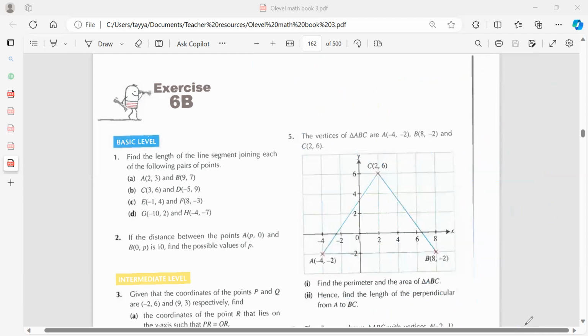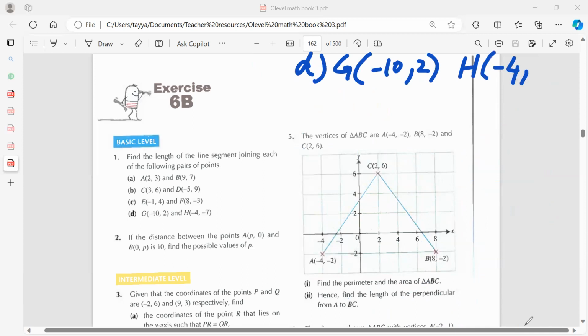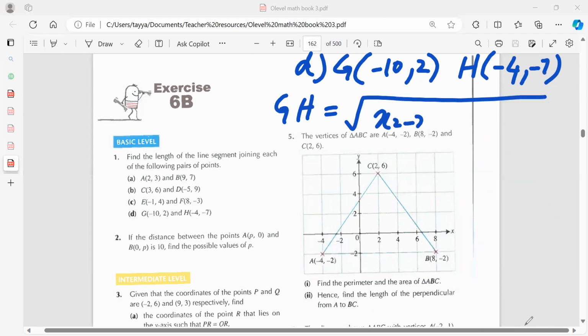Okay, the next part: G is minus 10 and 2, and H is minus 4 and minus 7. Okay, according to this, it is GH. So we can apply x2 minus x1 square plus y2 minus y1 square.